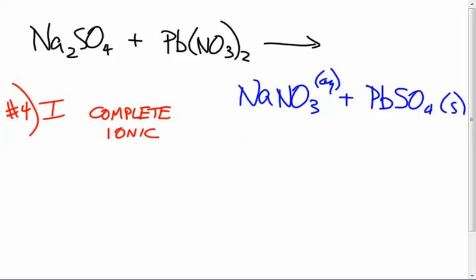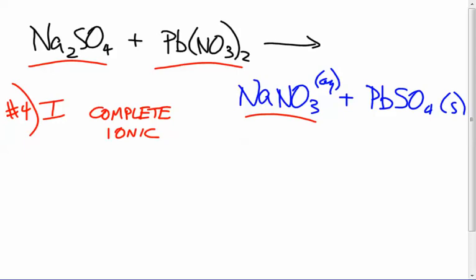And with a complete ionic equation, how do we break this apart? Anything that is in aqueous solution gets divided into the appropriate ions. Sodium sulfate is in aqueous solution, lead nitrate was in aqueous solution, and we decided that the sodium nitrate at the end is also going to be in aqueous solution. But the lead II sulfate is not.